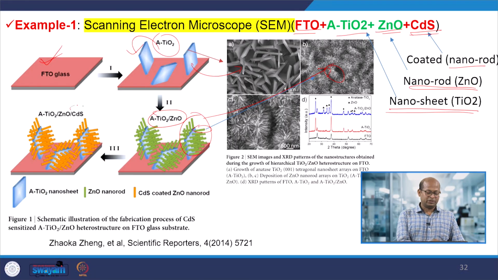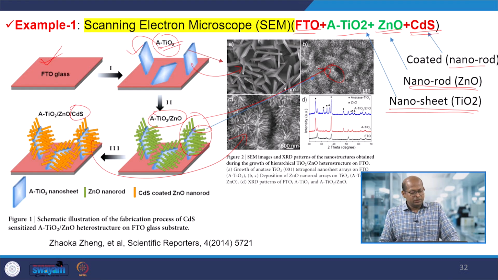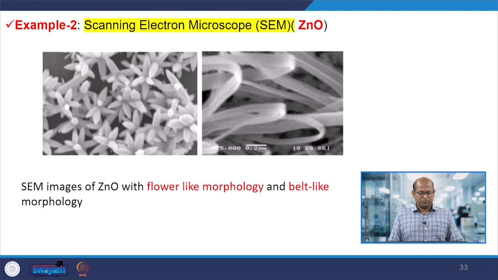And after that CdS was coated over the surface of that material. Here also you can see the CdS coating, and nano rod type of features or structure was developed over TiO2. Okay, so this is one example. Similarly, in another one, zinc oxide nanomaterials were prepared.